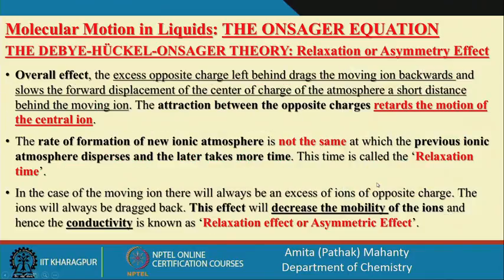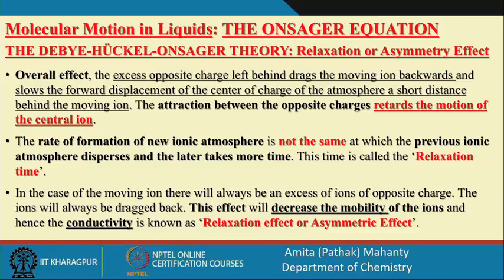The overall effect is that the excess opposite charge left behind tries to drag the moving ion back, and in the process slows down the forward displacement of the central ion. The center of charge of the atmosphere is displaced a shorter distance behind the moving ion.